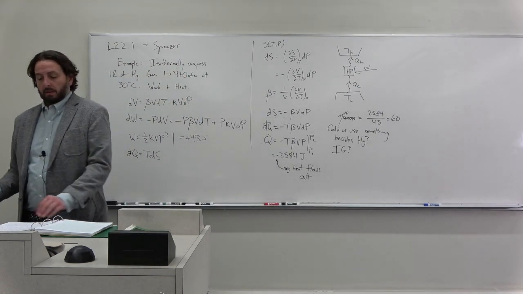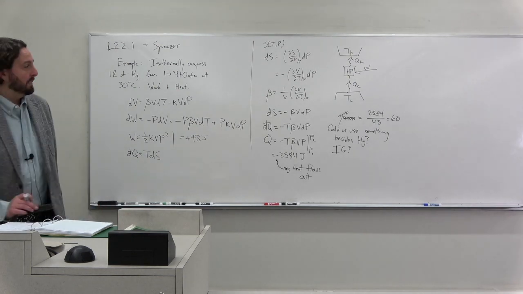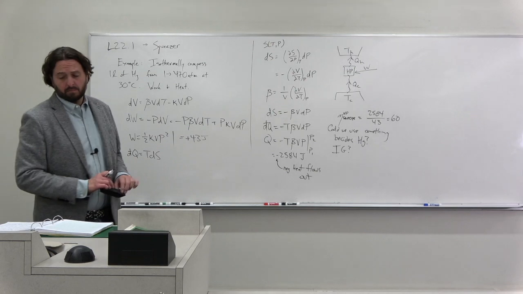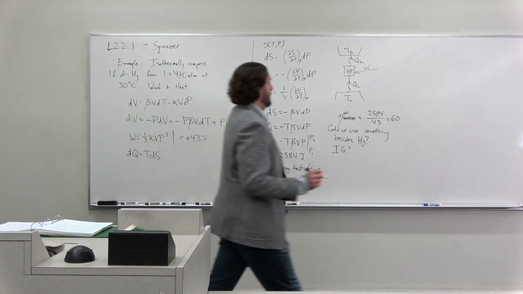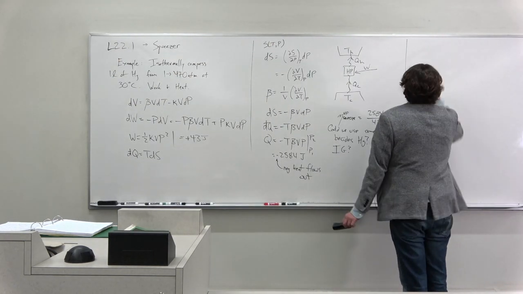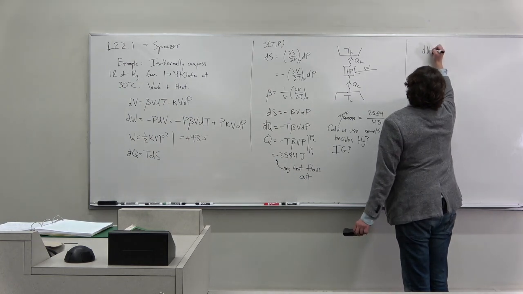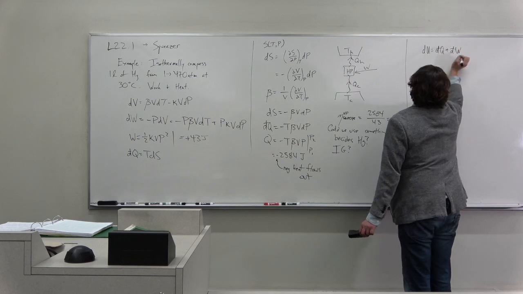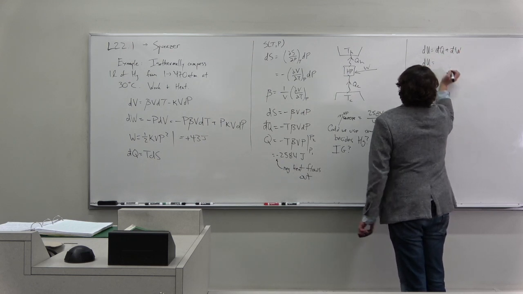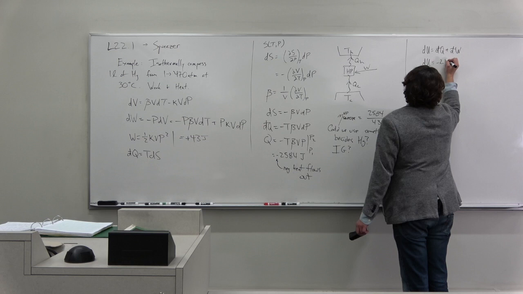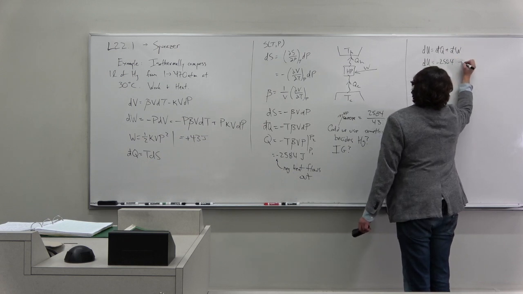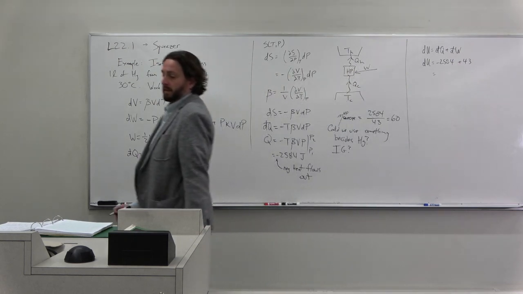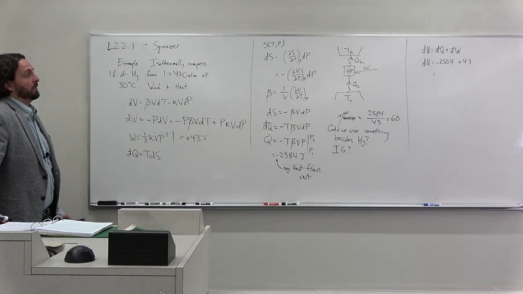Some of you may already know the answer because what you should think about is that if we go back to our first law, dU is dq plus dW, our internal energy is changing. This is minus 2,584 plus 43, right? Minus 2,541.